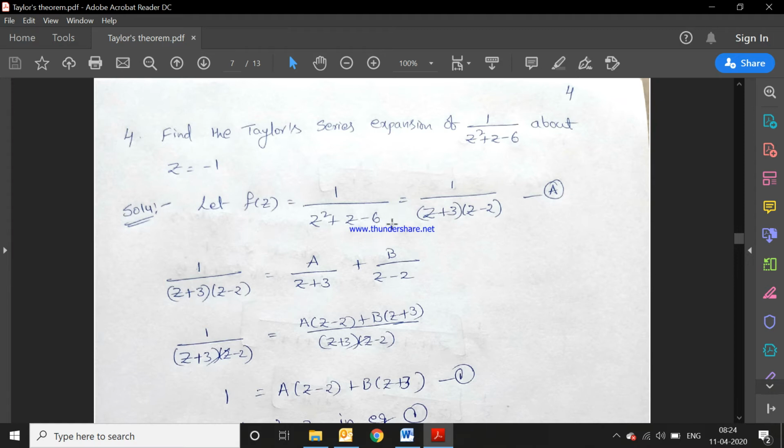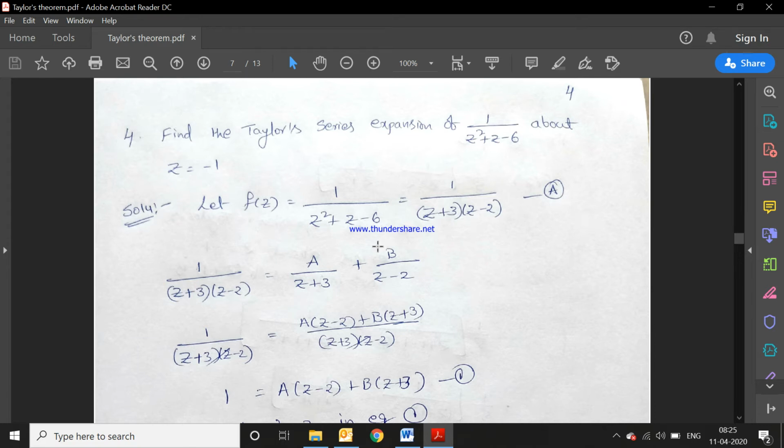We get the same equation. Taking z common, we get z plus 3, and taking minus 2 common, we get z plus 3. Taking z plus 3 common, we get z plus 3 into z minus 2. So z square plus z minus 6 is written in factor form, and we can write 1 by z plus 3 into z minus 2.